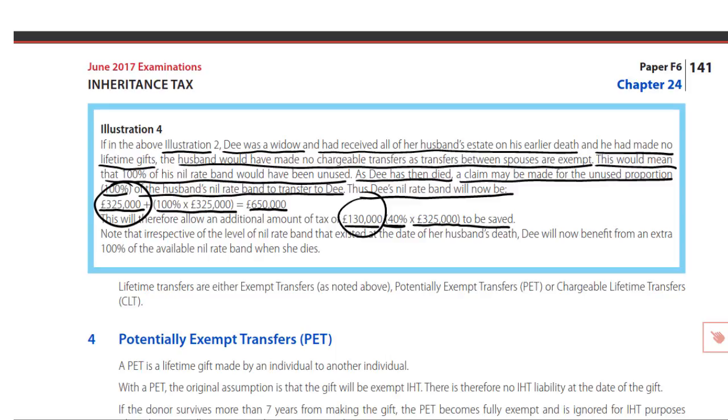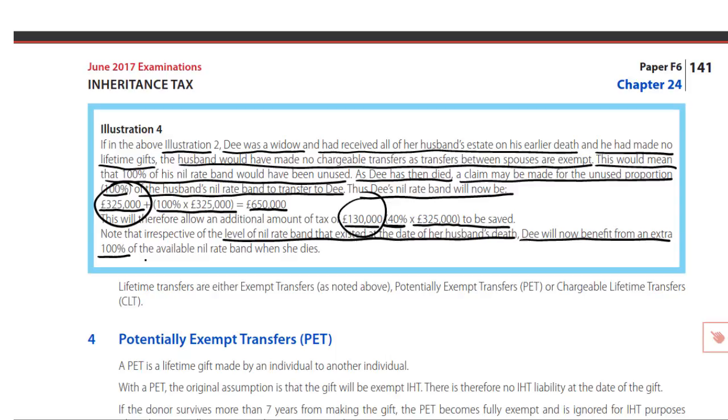Note, as we've just said, that irrespective of the level of the nil rate band that existed at the date of her husband's death, D will now benefit from an extra 100% of the available nil rate band when she dies.